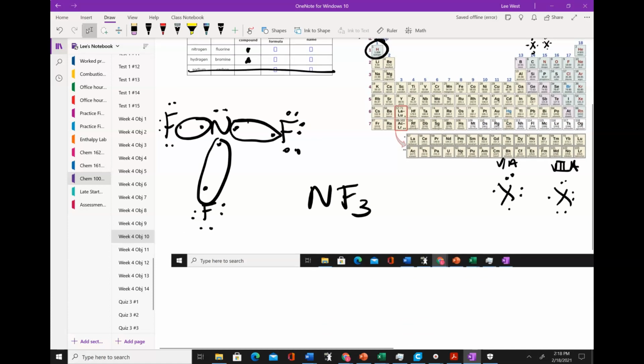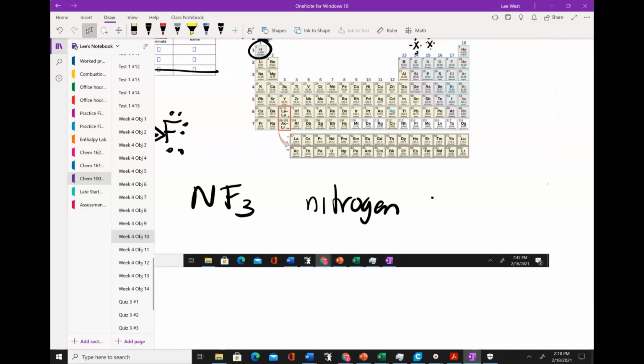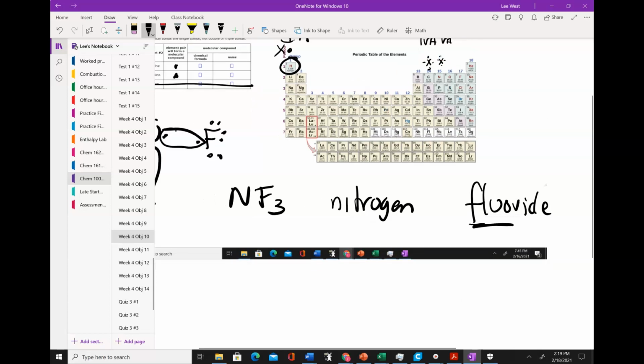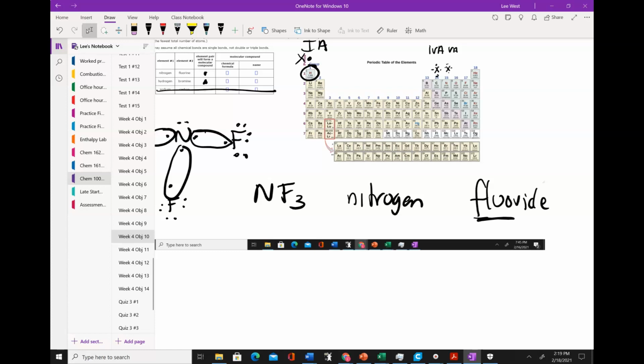Well, remember when it comes time to naming molecular compounds, we give the name of the first element unaltered. So it's just going to be nitrogen. And then we give the name of the second element, but we change the ending to IDE, so fluoride. Now, if you're a little shaky on the stem names, remember you can just look them up in a table, and that table's in your book.